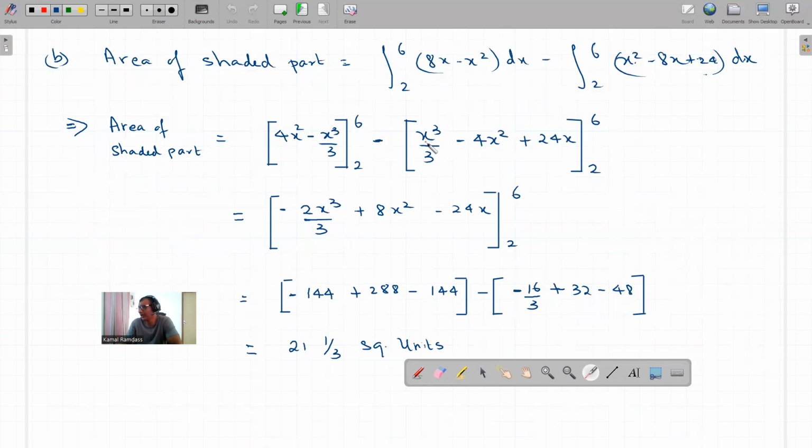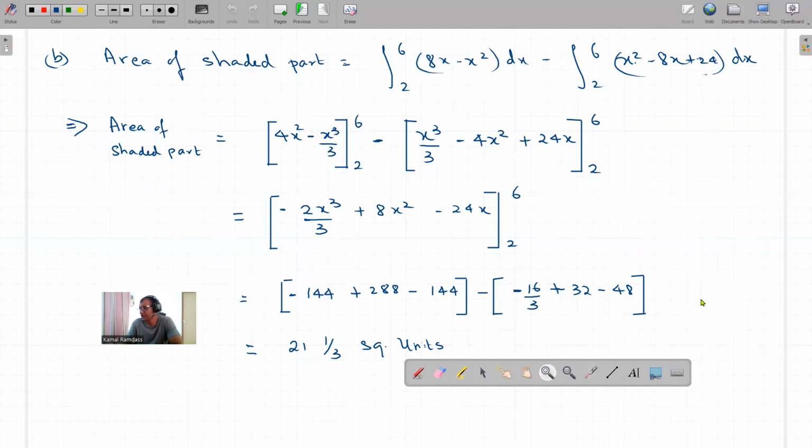Et lower part, on gagne x cubed divided by 3 minus 4x squared, plus 24x, etc. Et là, je peux évaluer avec les limites, je mets tout ensemble, je gagne minus 2x cubed divided by 3, plus 8x squared minus 24x, between 2 and 6. Là, je vais évaluer.